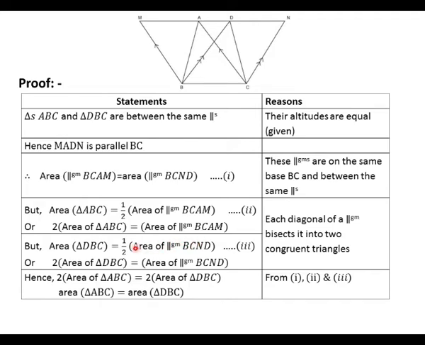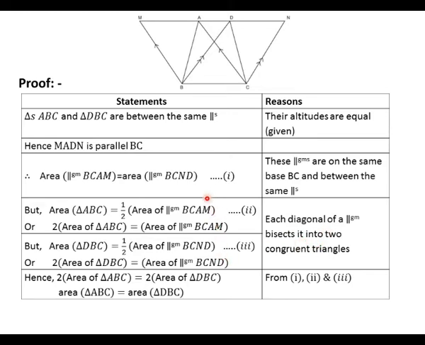And with the same argument, if we bring this 2 to the left side, this 2 will multiply with the area of triangle DBC, and the equation will become area of parallelogram BCND will be equal to 2 times the area of triangle DBC. What is the reason for both? I told you that each diagonal of a parallelogram bisects it into two congruent triangles.